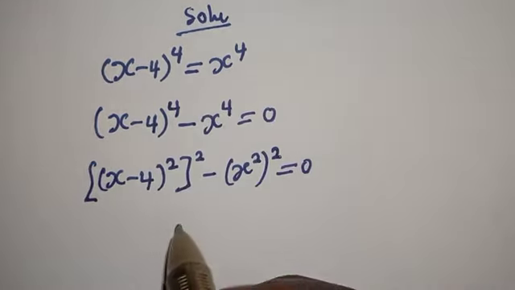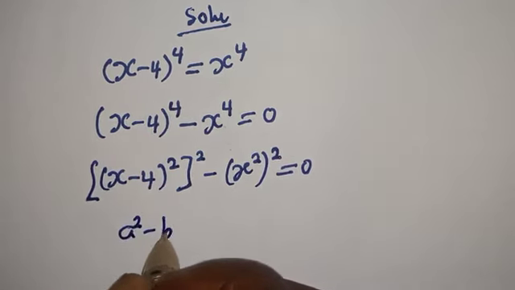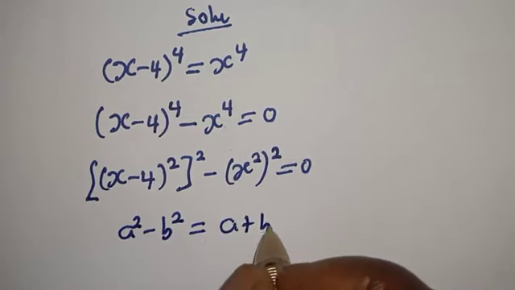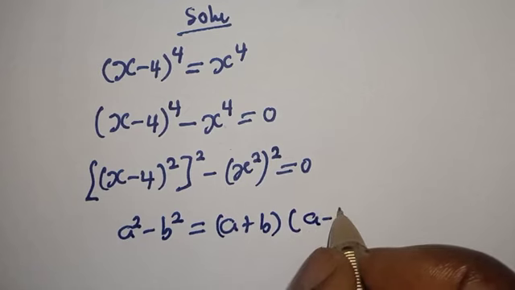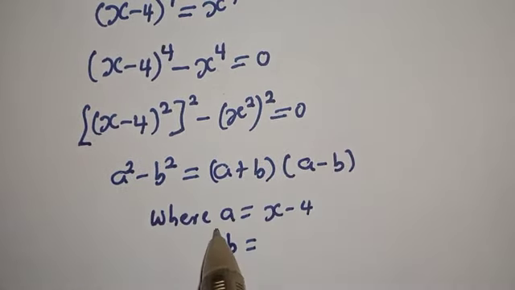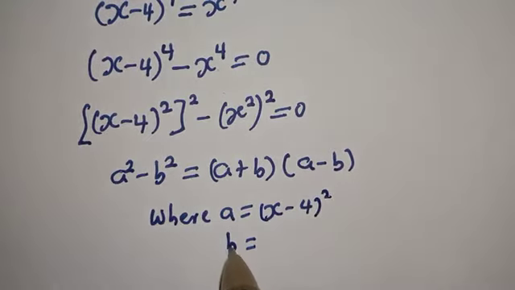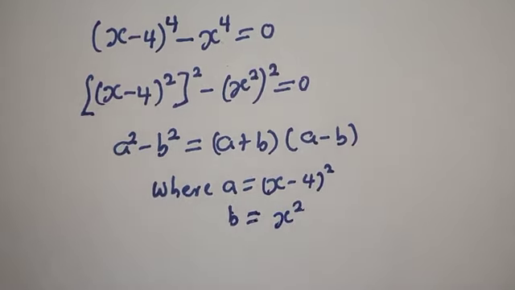This is in the form of a difference of squares. If you have a^2 − b^2, this is equal to (a + b) multiplied by (a − b), where a is equal to (s − 4)^2 and b is equal to s^2. Then let's substitute.